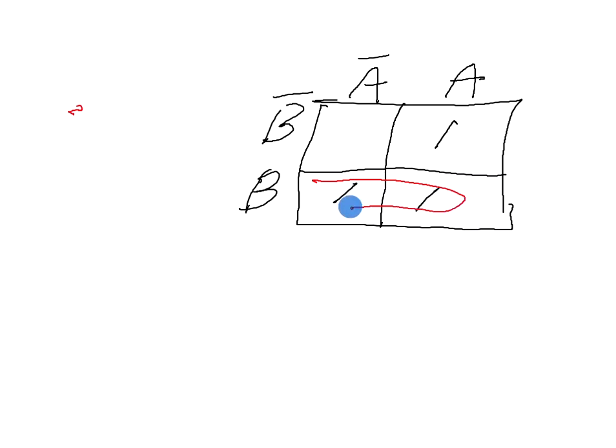We have one loop here and one loop here, so we have two pairs. Next we read the equation.